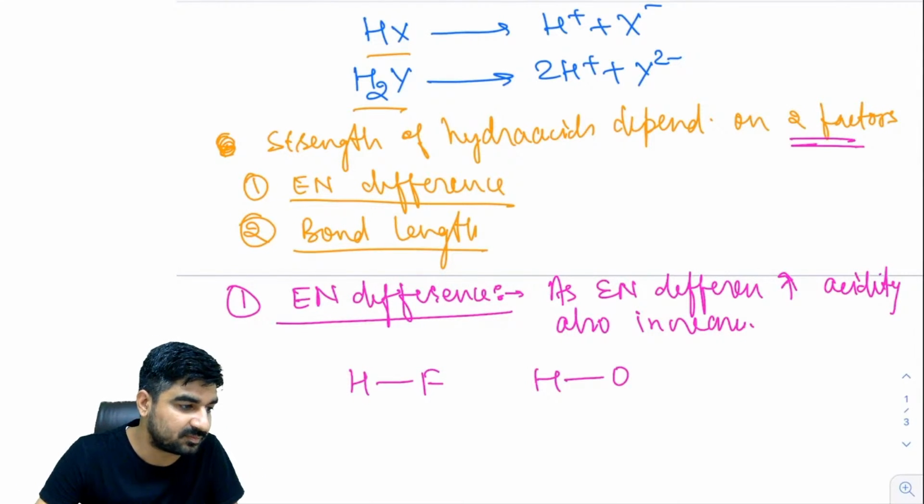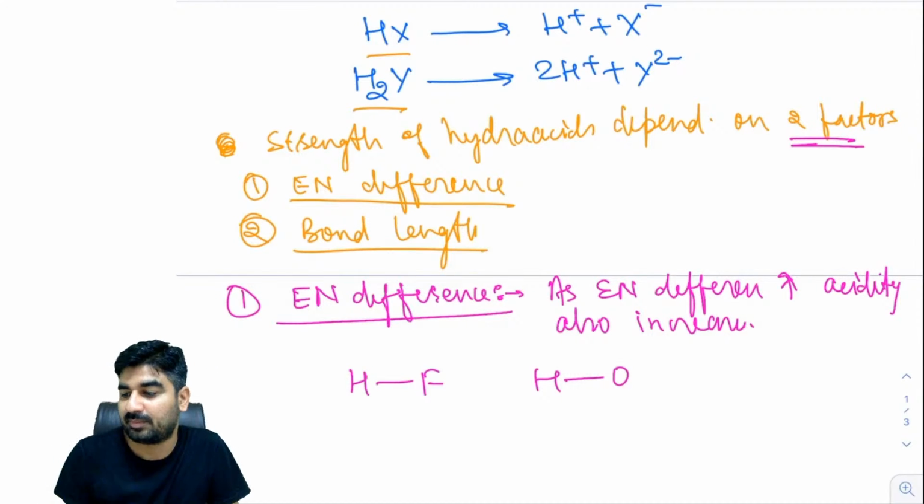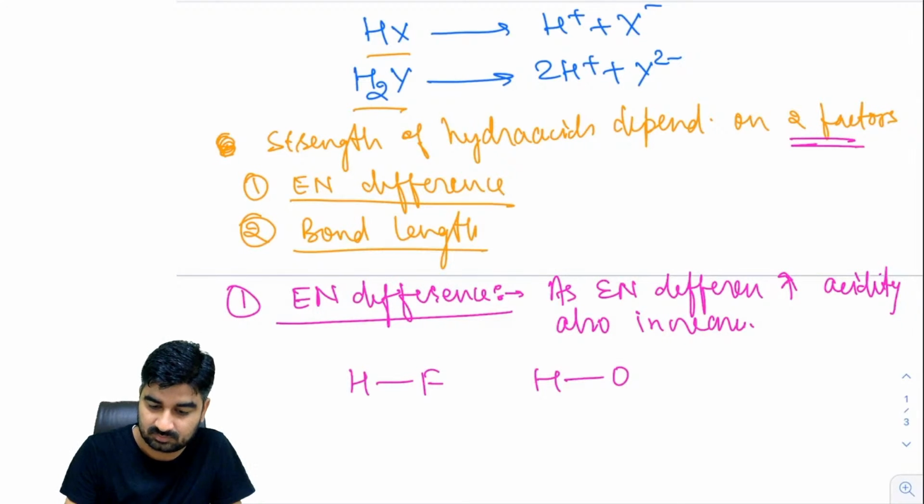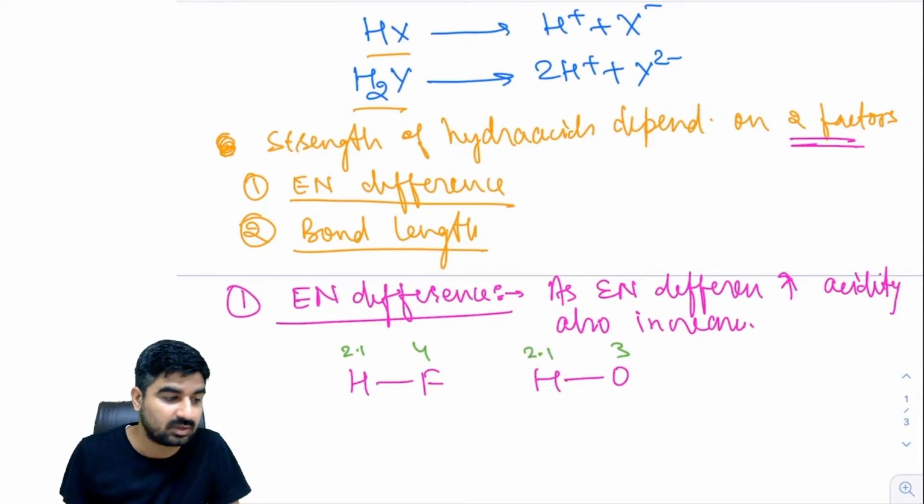So if I say HF and HO, in which case is electronegativity difference more? That's why I told you to remember the values. In one case it is 2.1 and 4, so the difference here is 1.9 and here it is 0.9. So it is more.